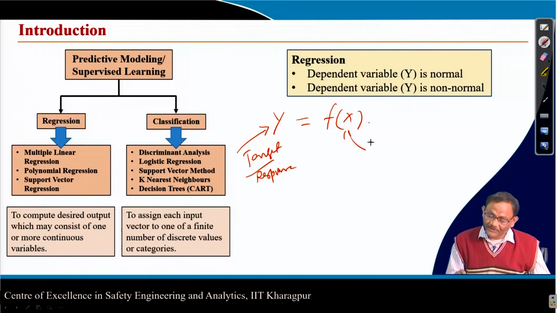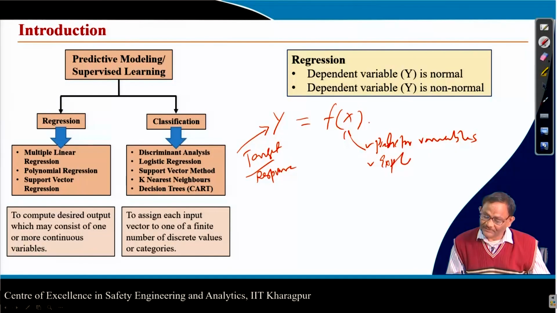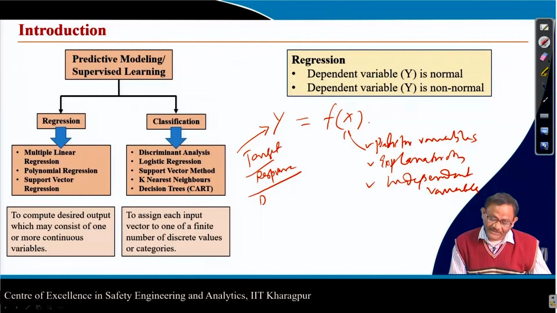The x variable can be called predictor variables, or explanatory variables, or independent variables, and y can similarly be called the dependent variable.